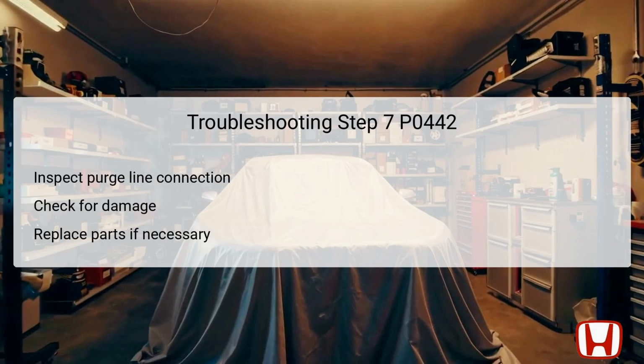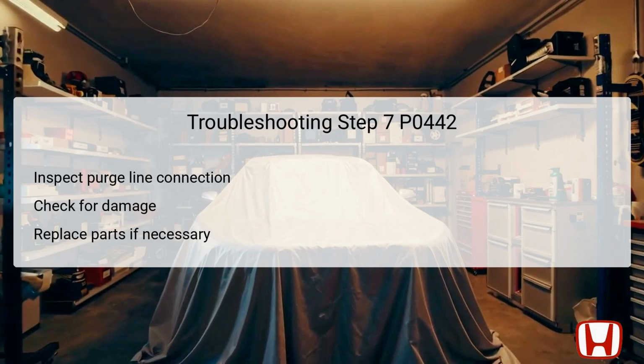In step 7, the focus turns to the EVAP canister purge line leading to the purge valve. You'll want to carefully inspect this line for any signs of poor connections or physical damage that could be responsible for leaks. A compromised purge line will fail to maintain pressure, leading to ongoing issues with the EVAP system operation.